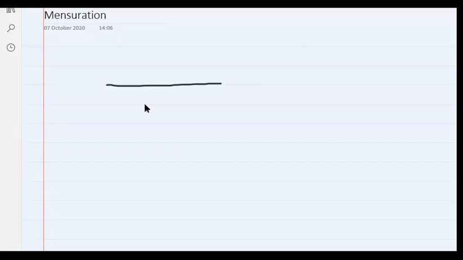You can tell the measurement of this line by just telling its length. Everyone, just raise your hand. So the measurement of this line is nothing but length, just length.